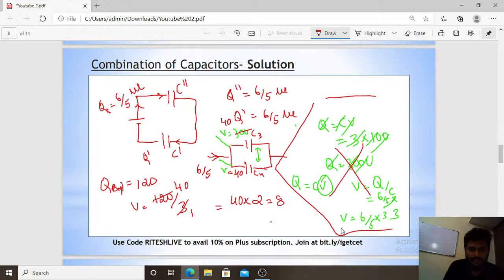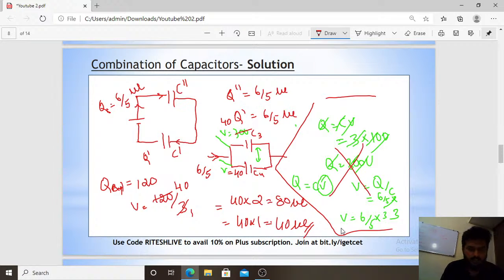That is 80 microcoulombs. So similarly for C4, that is we had 1, right? 40 into 1, that is 40 microcoulombs. So similarly you do for all the remaining.